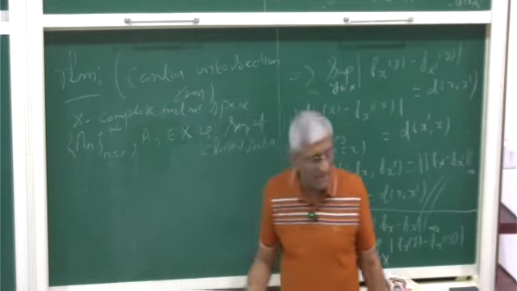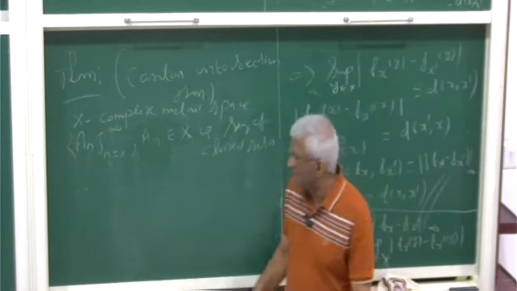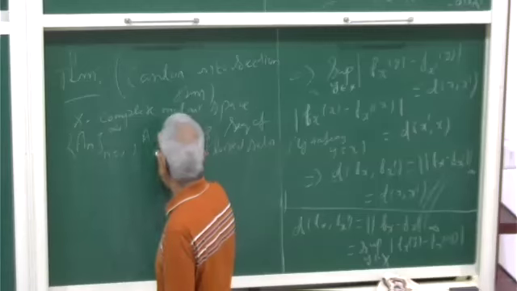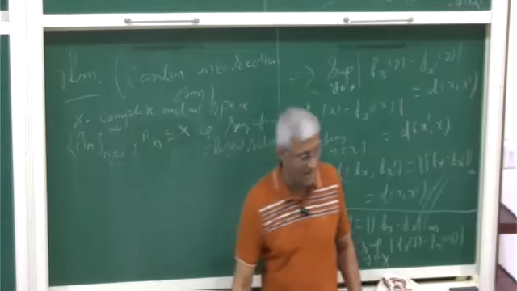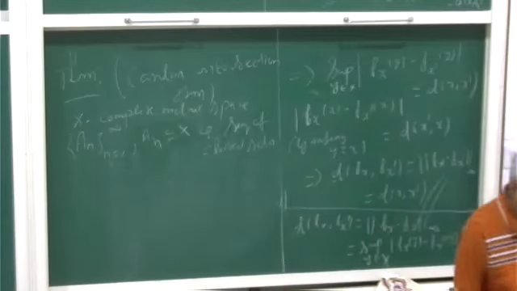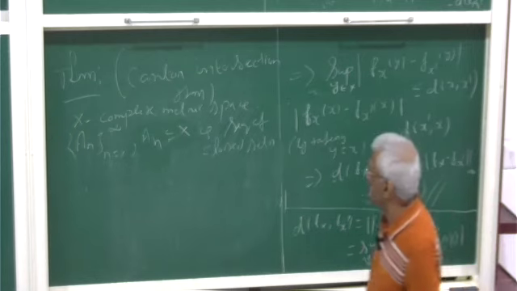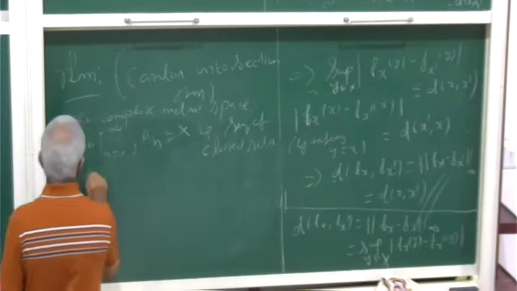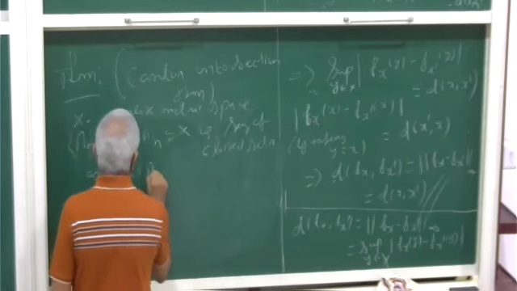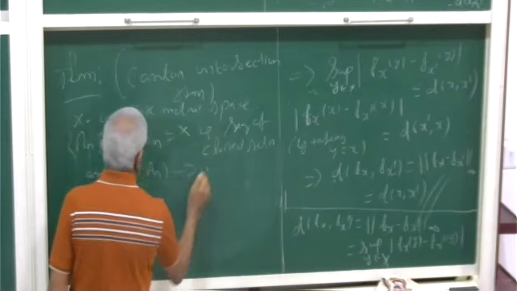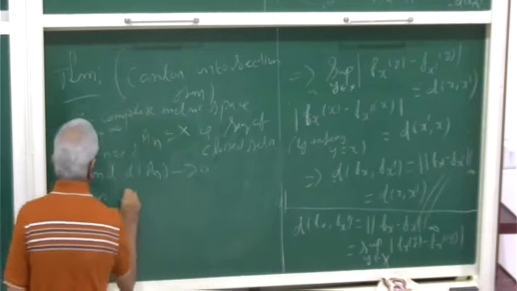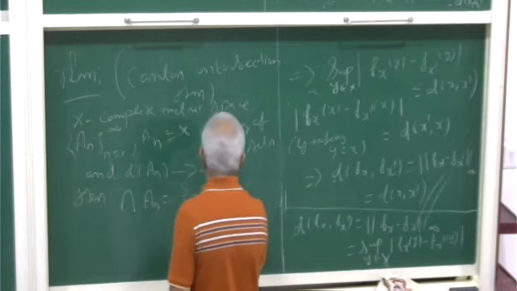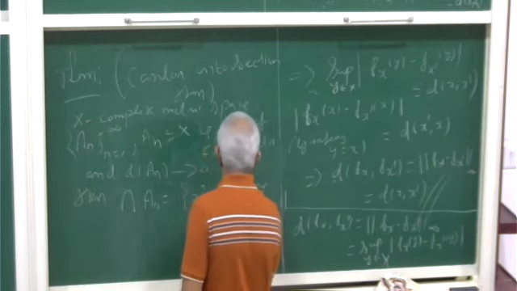The power set I wanted to write, but you have to know the notation. A_n is in X. I initially wrote power set and then changed it. And d of A_n goes to 0, then the intersection of A_n equals {x} for some x in X.